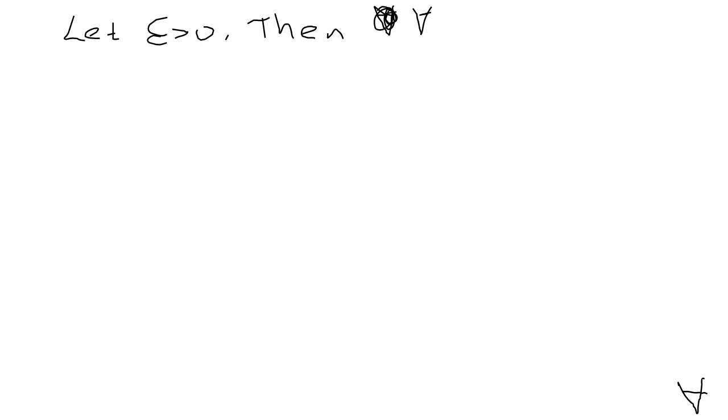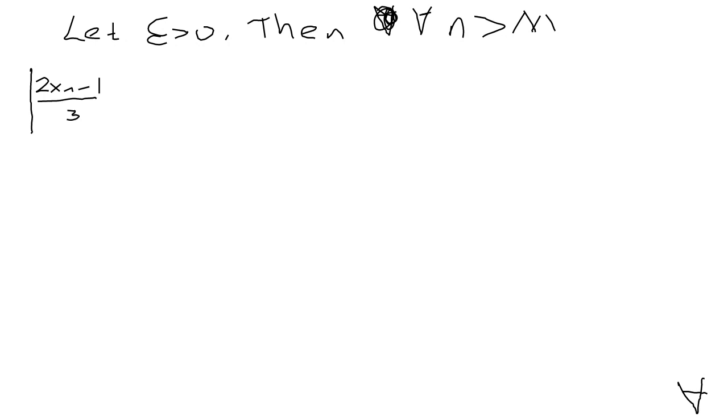All right. So if we let epsilon be a positive number, then for all n greater than capital M, here we go now, 2x sub n minus 1 over 3.